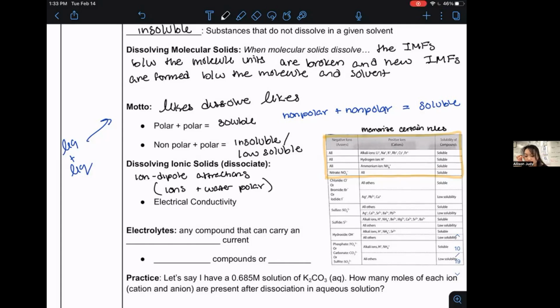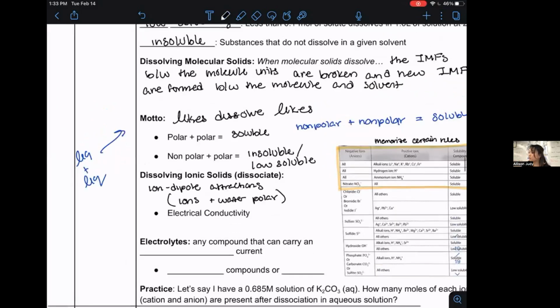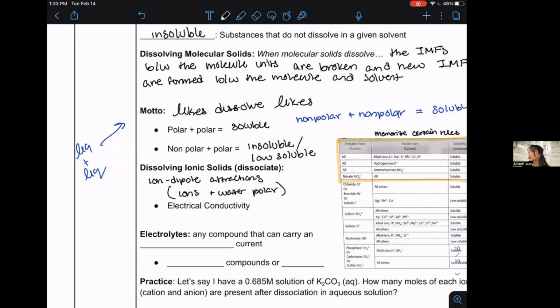Generally speaking, a lot of ionic solids are soluble, such as salt, such as CuSO4, such as a ton of your lab solutions, which are ionic compounds dissolved, dissociated, soluble in water, aqueous solution. But there are instances when we see insolubility occur between the solid and liquid.